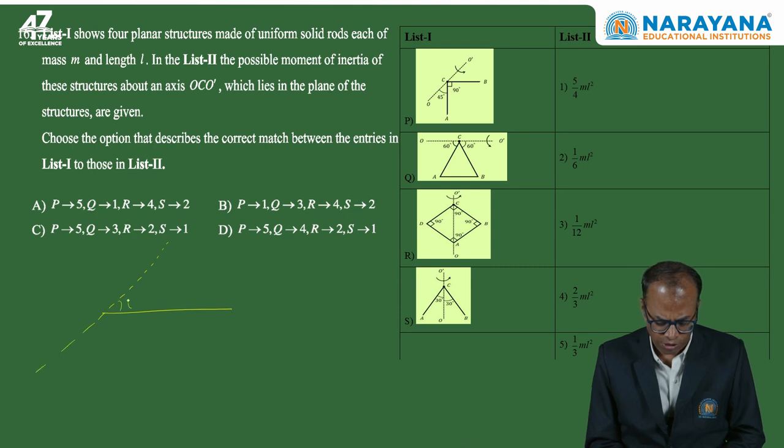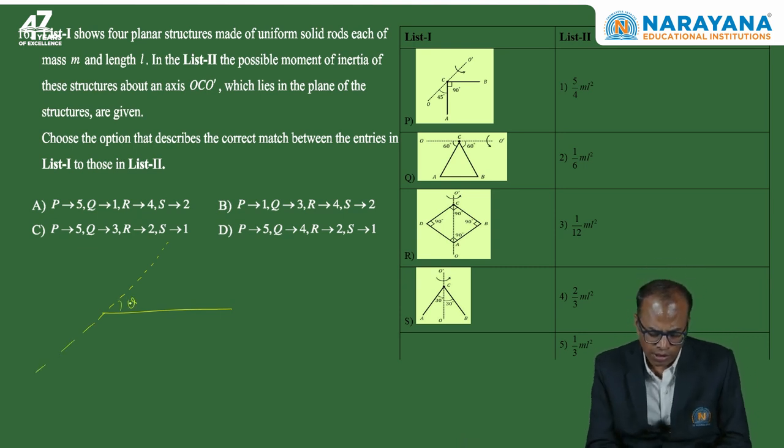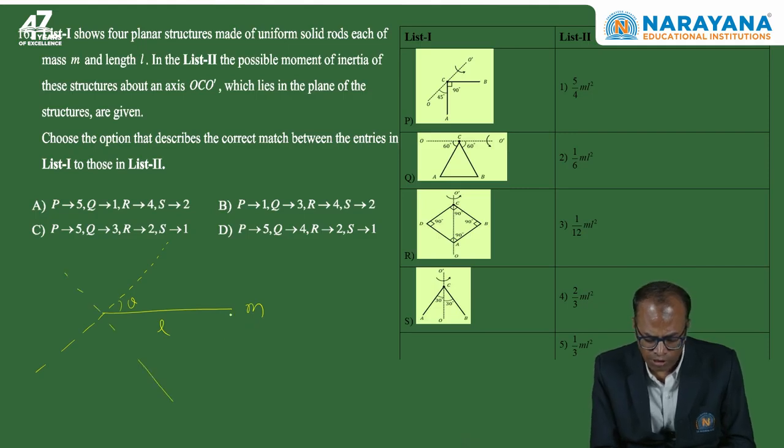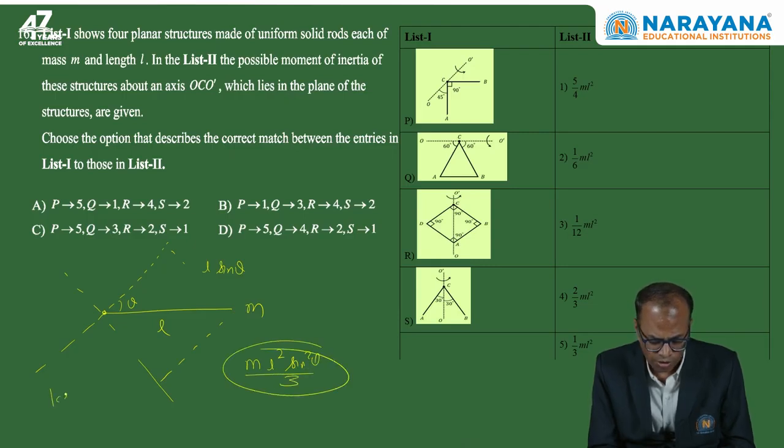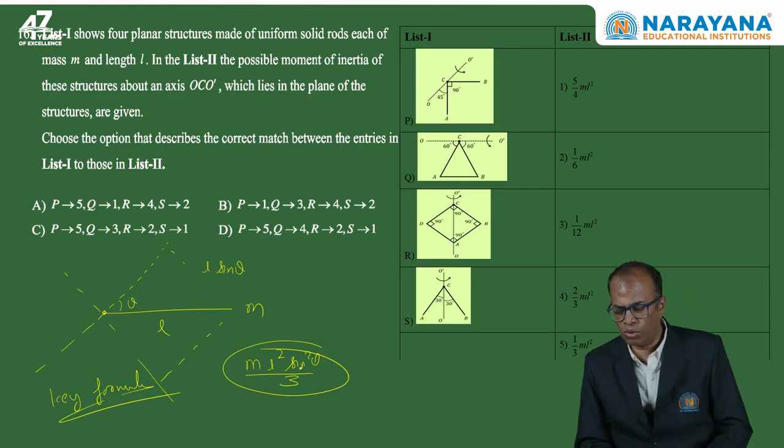The most important point: if I have a bar of mass m and length L making an angle theta with the axis, then the bar's length projected perpendicular to it will be L sin theta, and the moment of inertia about this axis will be mL² sin²θ by 3. This is the key formula, and in all parts you have to use this.